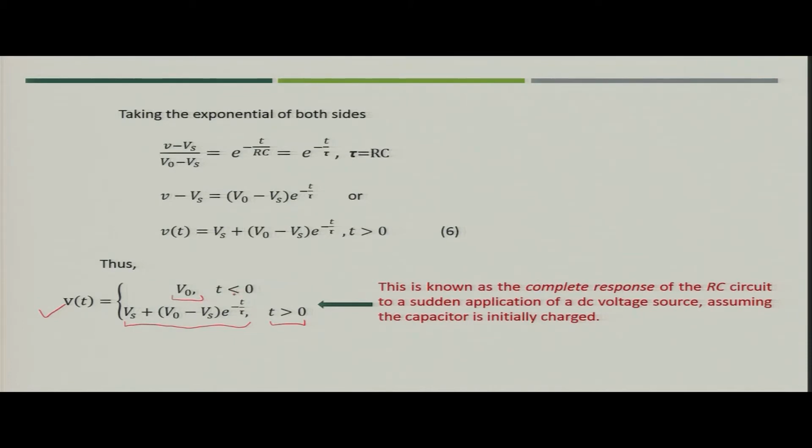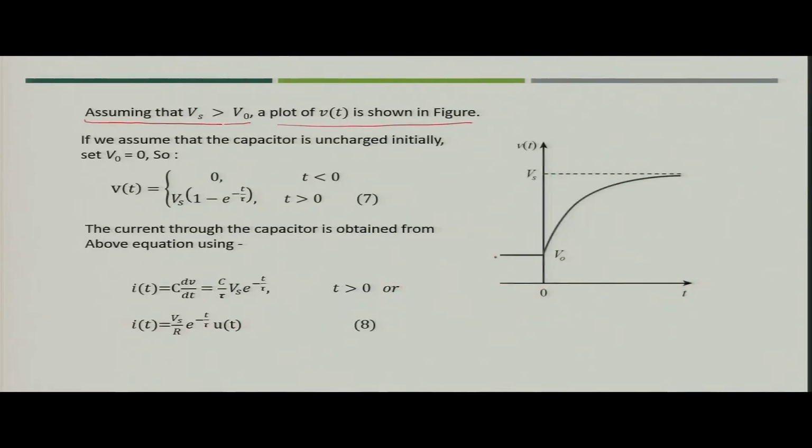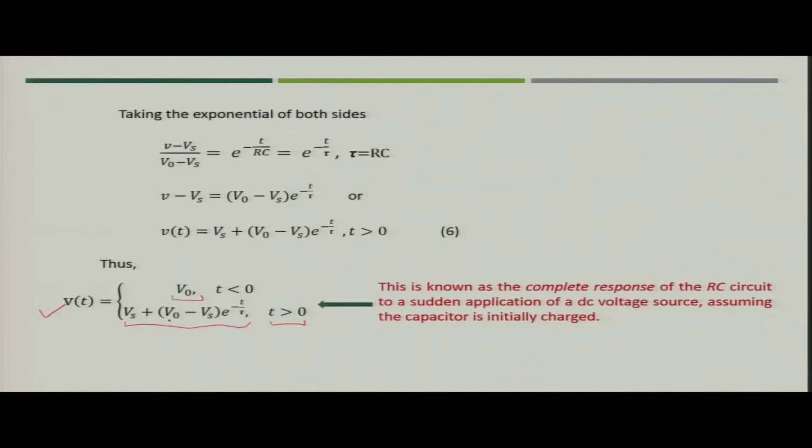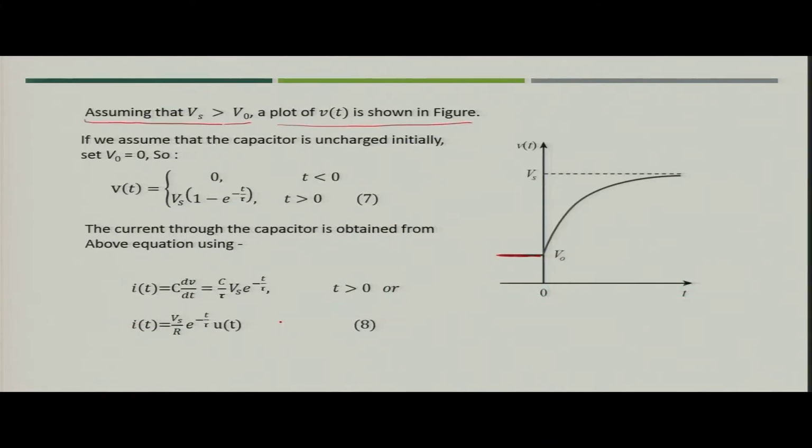For t less than 0, we keep the voltage as V naught, and after that it is Vs plus (V naught minus Vs) into e to the power minus t by tau. If you keep putting various values of time, as 1, 2, 3, you will get the curve as shown in the figure.